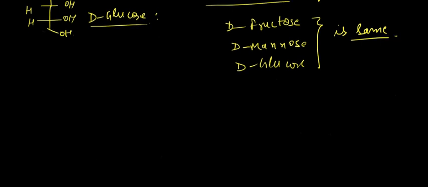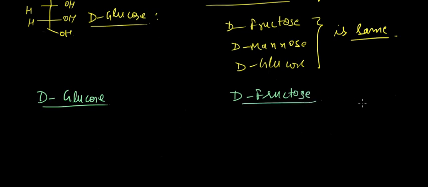Let's now discuss the testing of D-glucose and D-fructose. How do they behave in different reagents like Tollens, Fehling's and bromine water?